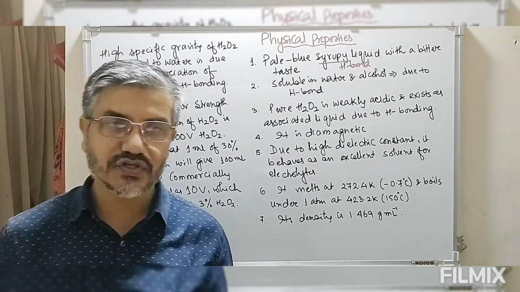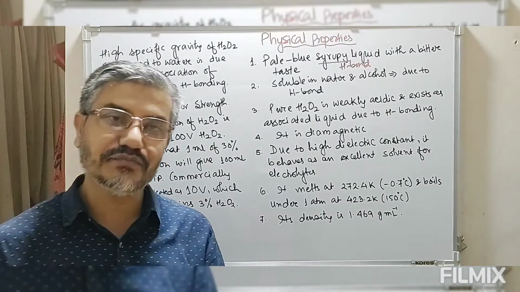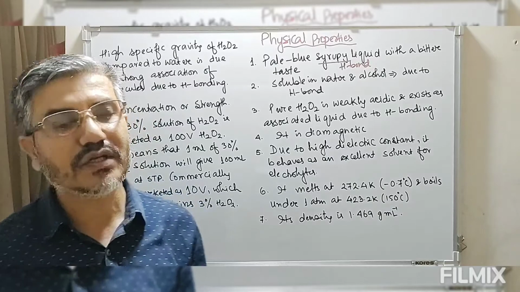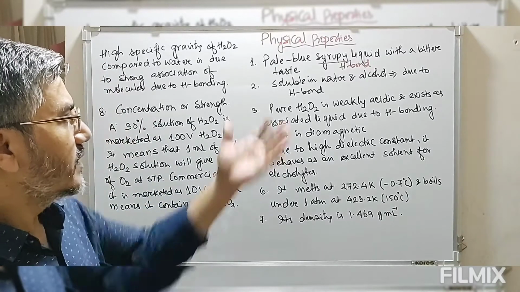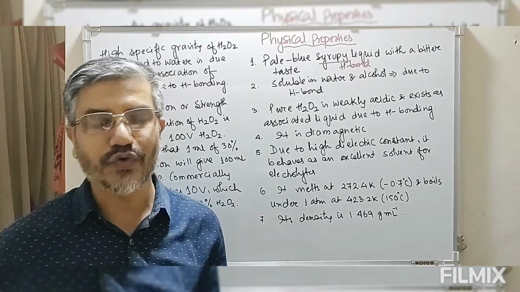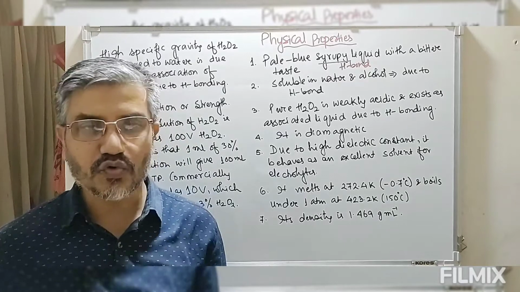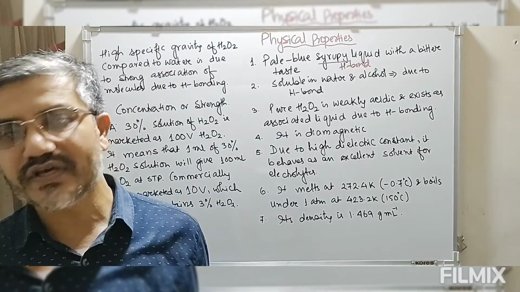Because of the formation of this hydrogen bond, we say that this hydrogen peroxide is completely miscible or soluble in water. Then a pure sample of hydrogen peroxide is weakly basic, similar to water. So pure water is also very weakly acidic.